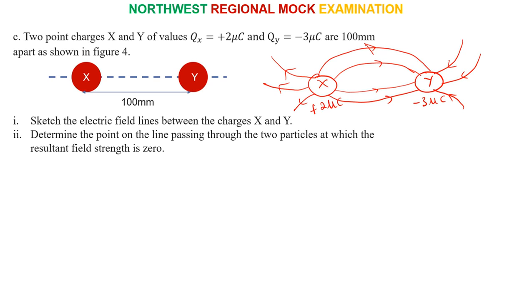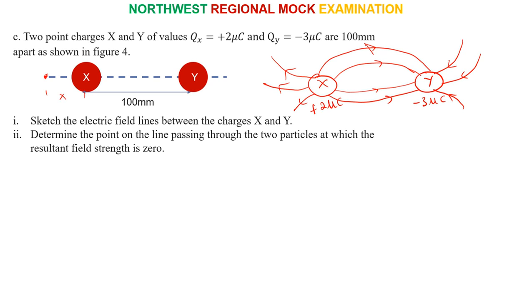Let us take a point, for example. If you take this as a point, we assume that it is x meters away from X, so the distance from X to that point will be x, and the distance from Y to the point will be 100 minus x.